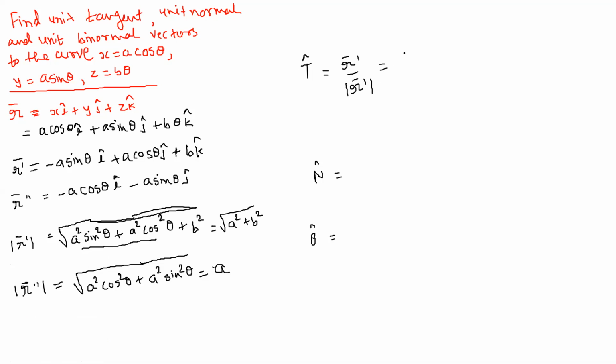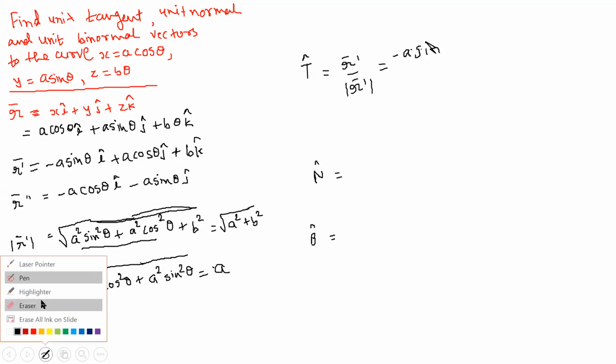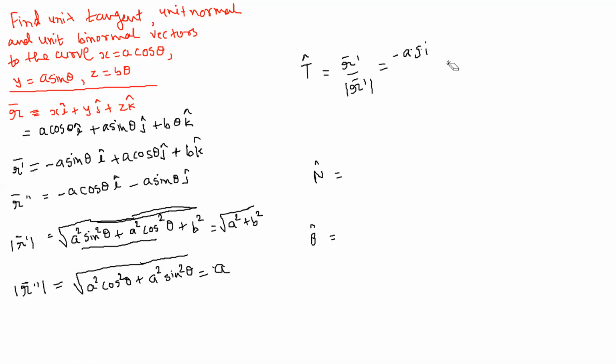Minus A sin theta I cap plus A cos theta j cap plus B k cap. And what is mod r dash? Under root A square plus B square.